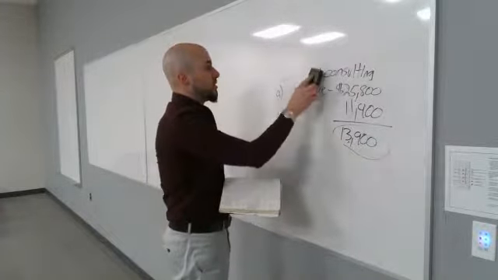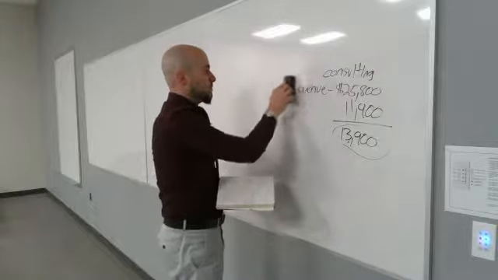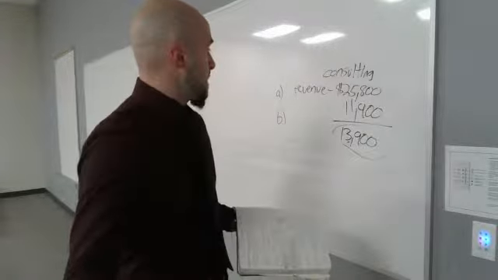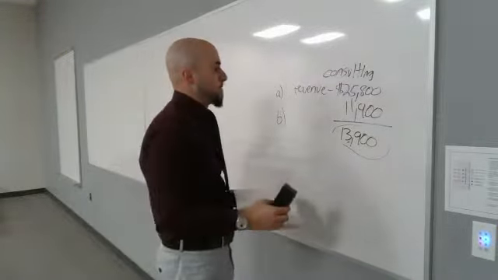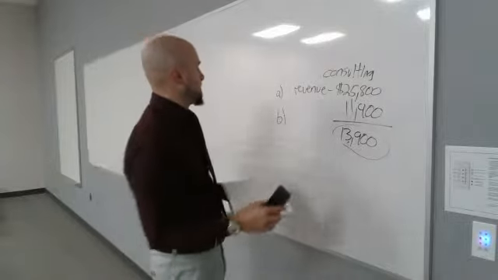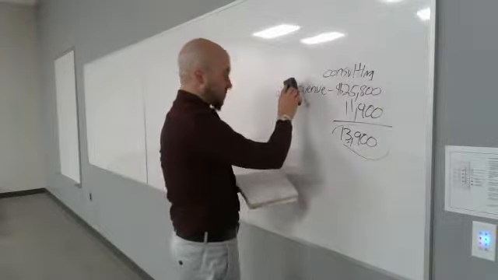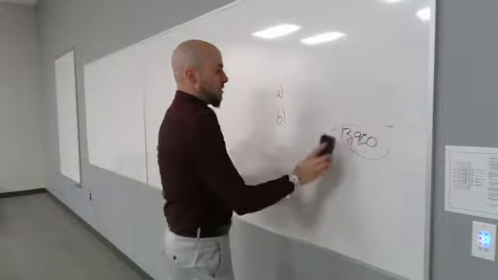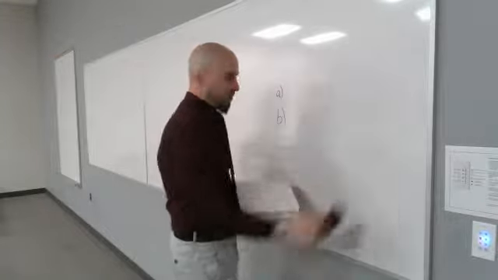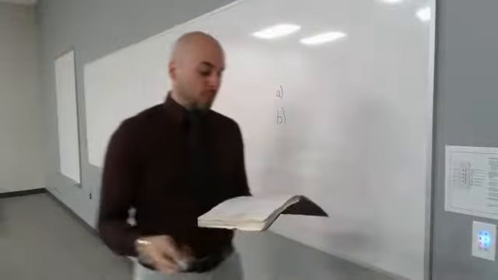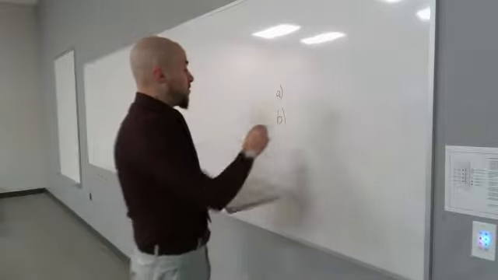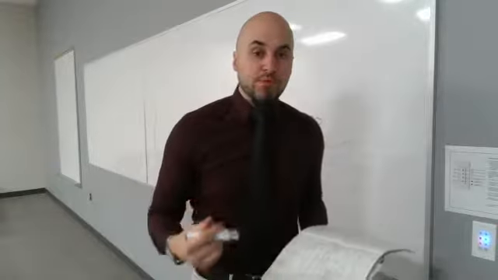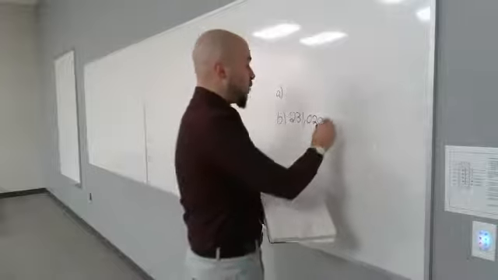So I'll just erase the word unearned here. Now we're on B. I'll erase it all to not be confusing with A. I don't want to mix the numbers up. 231,020 is the number provided in the unadjusted trial balance for consulting revenue.